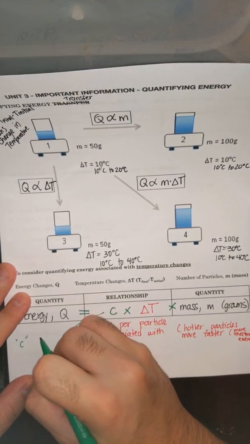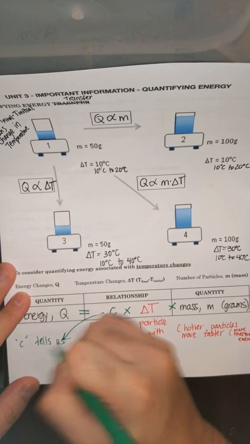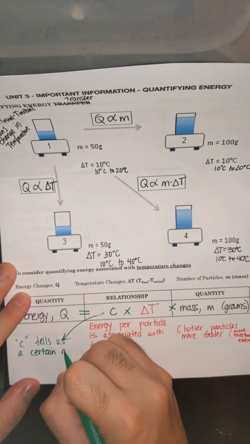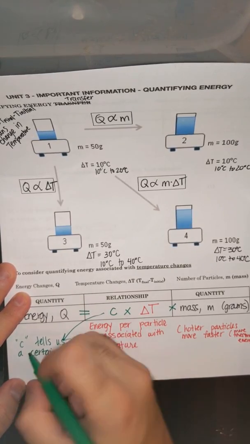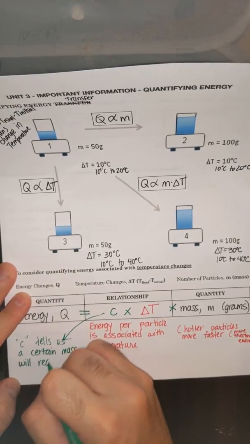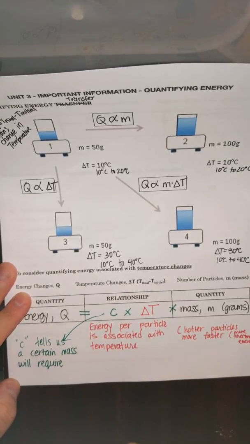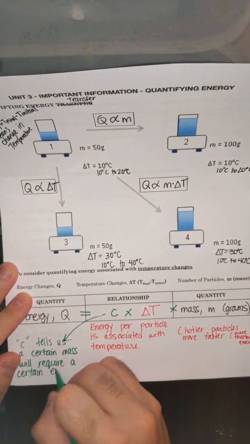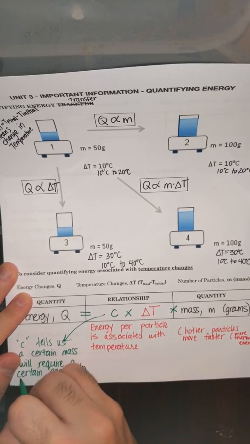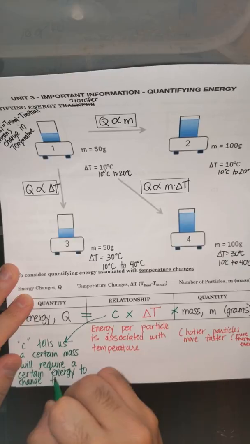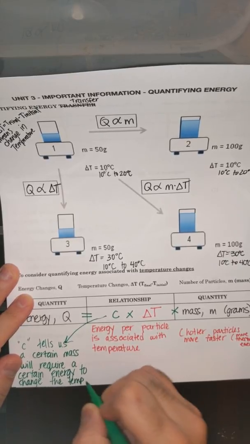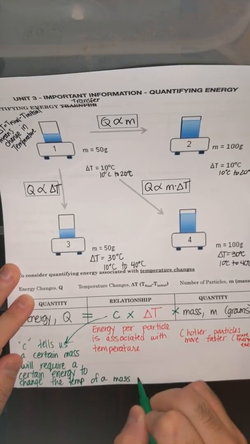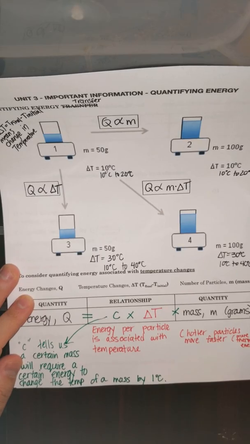So C tells us a certain mass will require a certain energy to change the temperature of a mass by 1 degree Celsius.